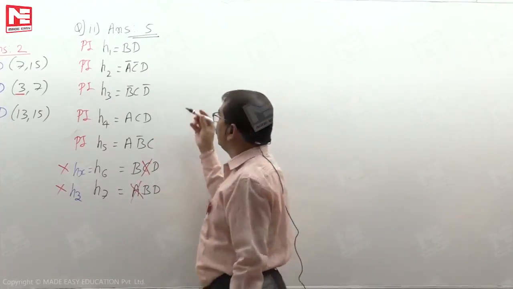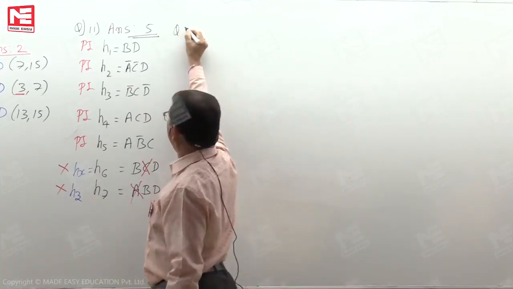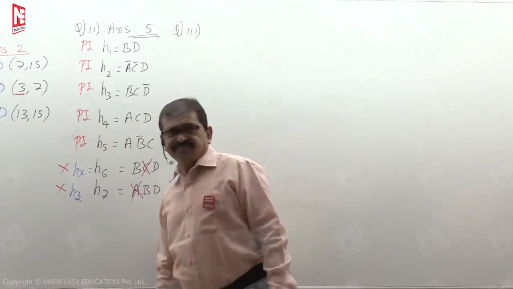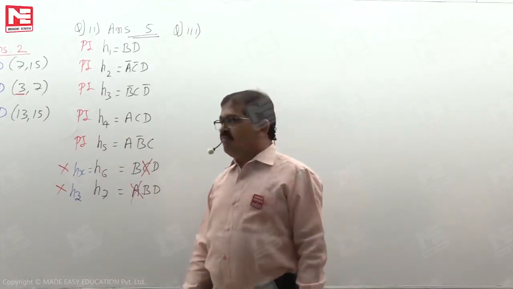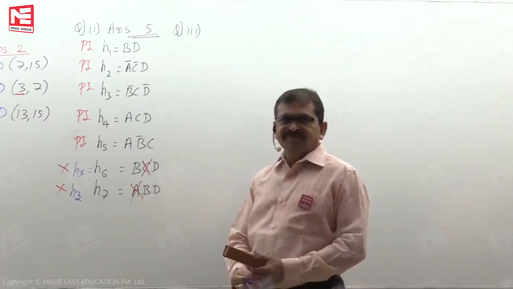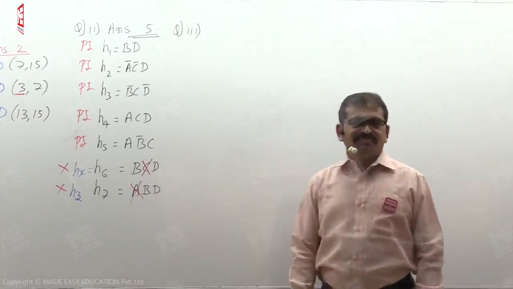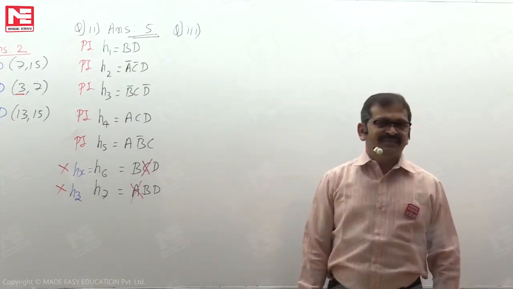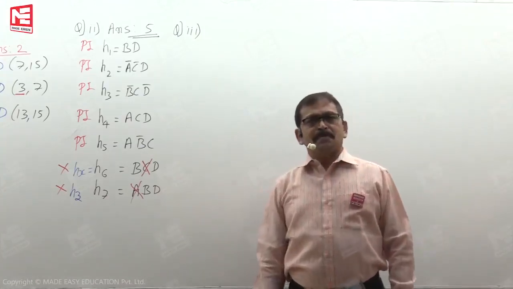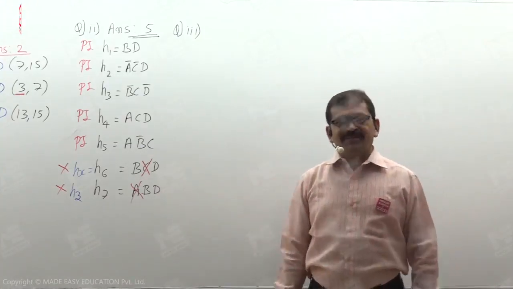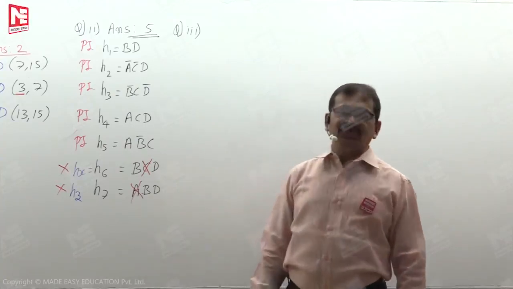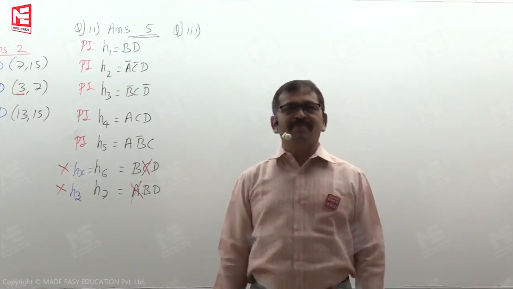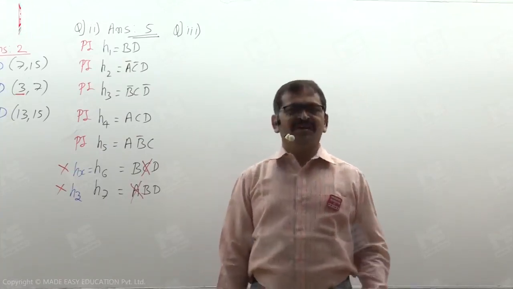You will have a question slightly differently, note it down as the third bit. For the given function f of ABCD, how many products are prime implicants? It is a question, or it can be a question.